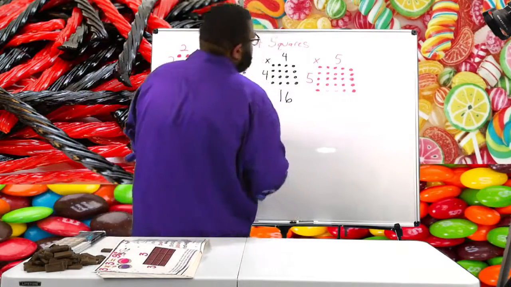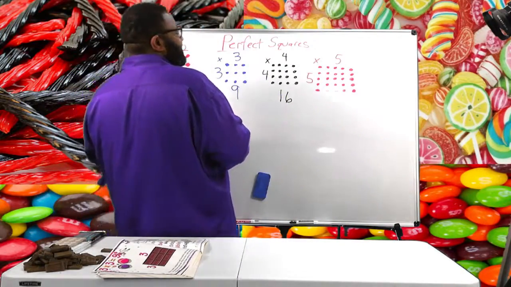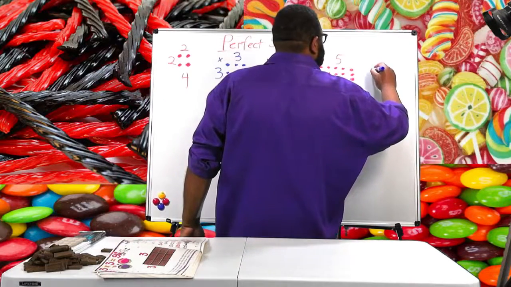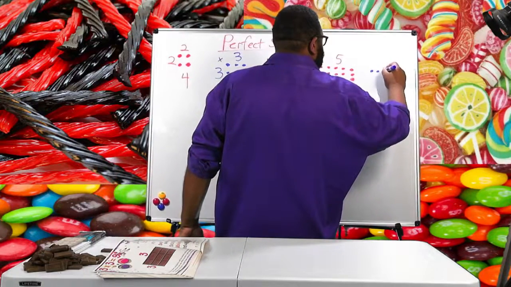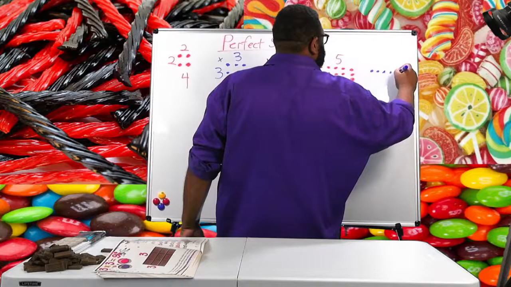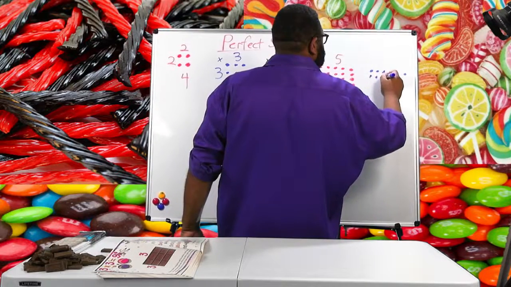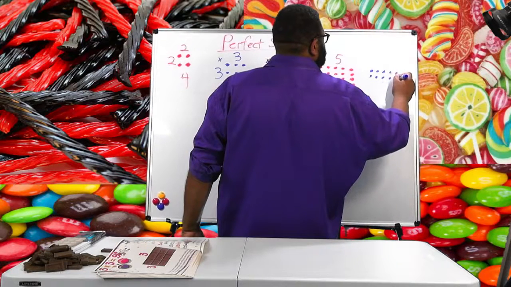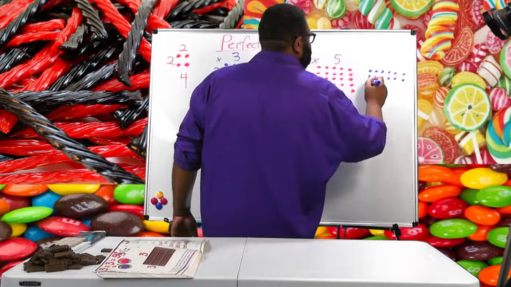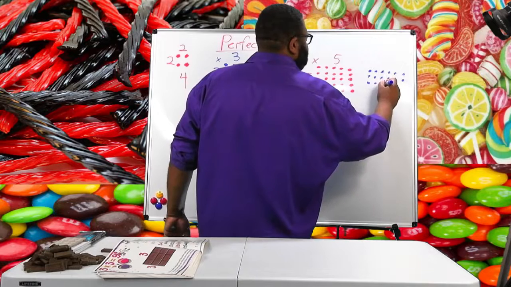All right, let's try 6 by 6. 1, 2, 3, 4, 5, 6. All right. Can you multiply and tell me what 6 multiplied by 6 is?